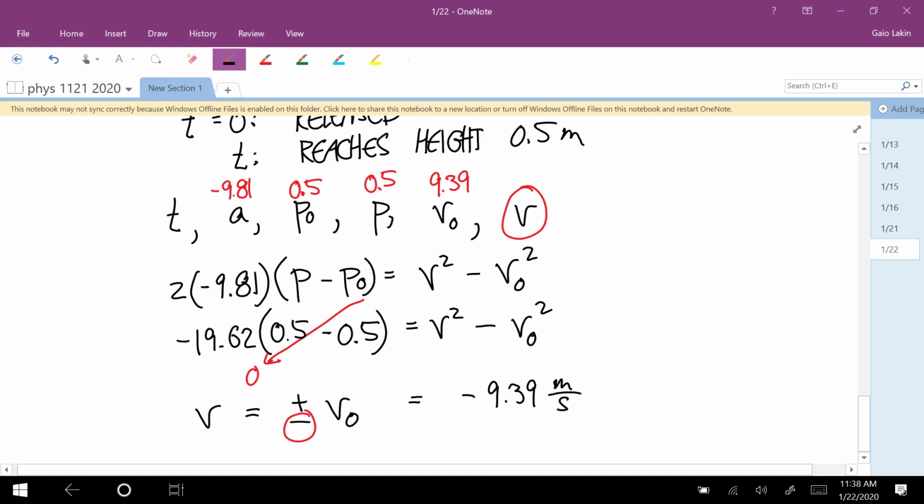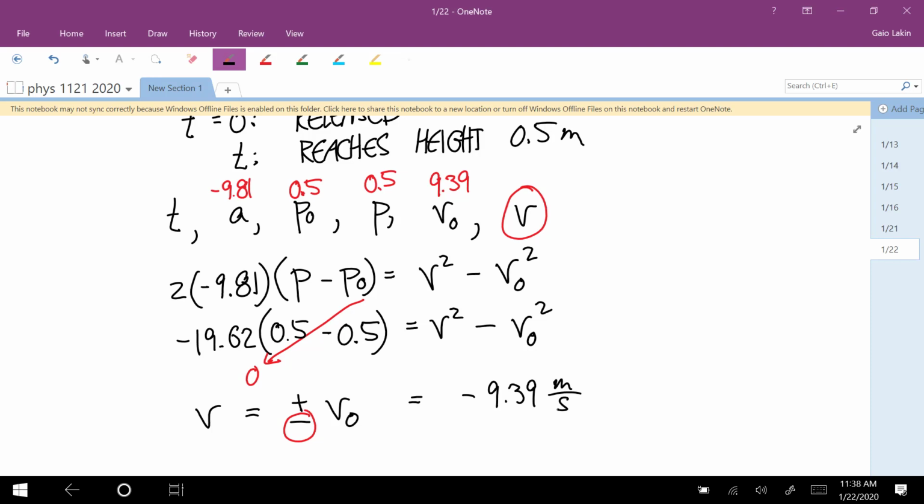And that's not just a coincidence. You can see because of this relationship what happens when these two are the same. In any motion where something is launched up into the air, it's going to be the same speed on the way down as it was on the way up at that same height.